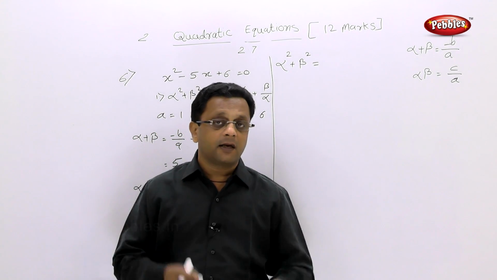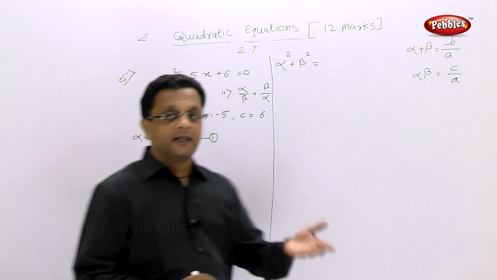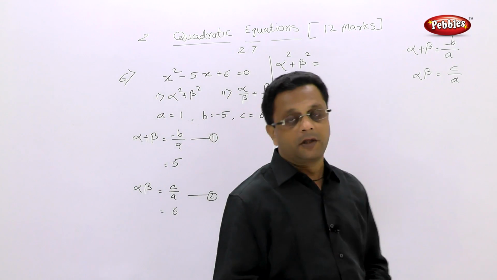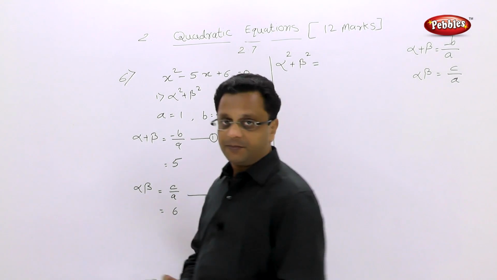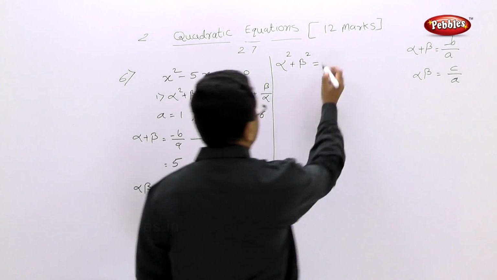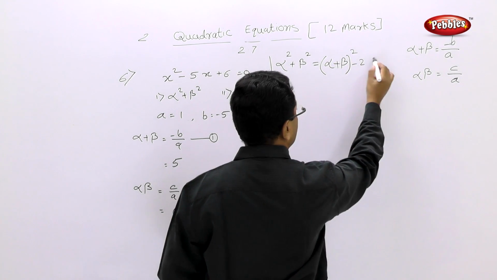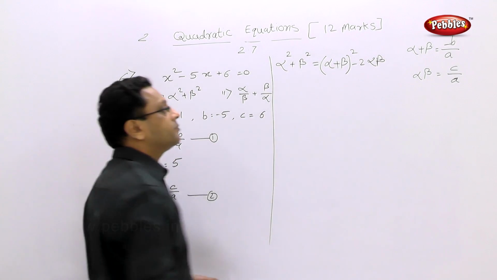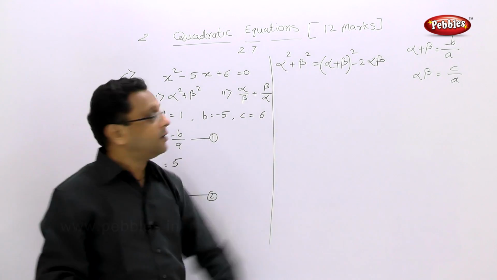Then what do we need to do here? The extra 2 alpha beta in it, we need to delete. How will we delete it? We will subtract 2 alpha beta. So this will be equal to alpha plus beta whole square minus 2 alpha beta. Right. So both the sides are equal.